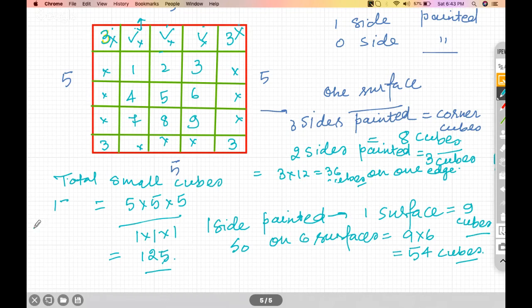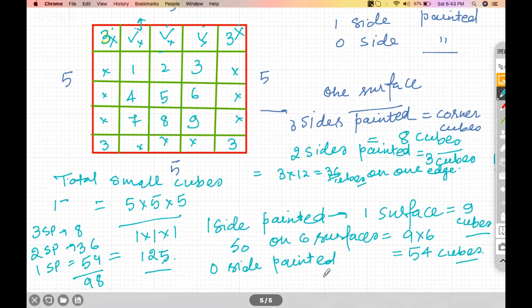So three sides painted are 8, two side painted are here, look at here, 36, one side painted are 54, so which comes out to be how much? 98. So zero side painted would be 125 minus 98, that is equal to 27. So this is the answer.